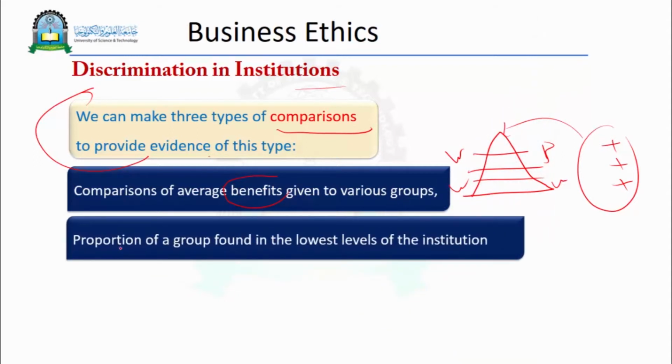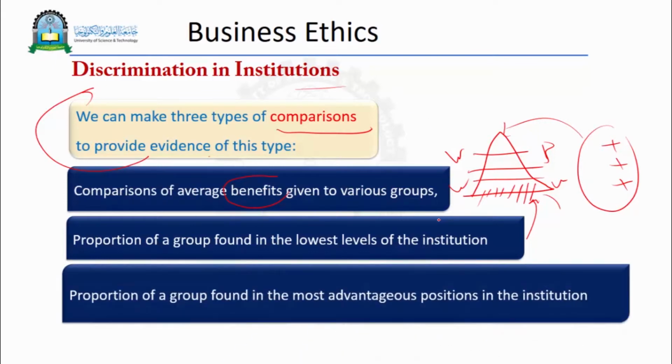Besides, the proportion of a group found in the lowest levels of an institution. For example, are they all black people? Are they all women? Are they all Muslims, or non-Muslims, and the like.